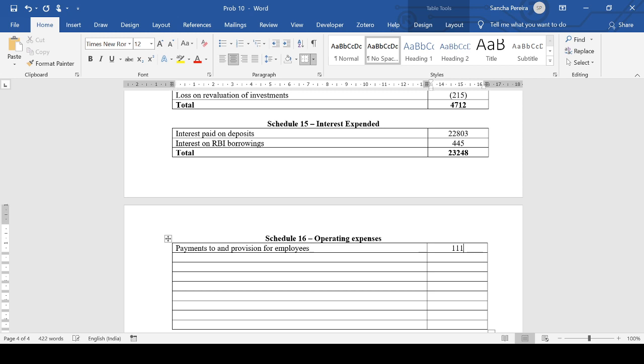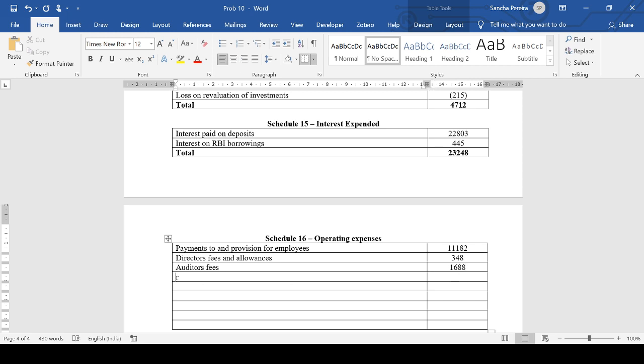11,182. Next is directors' fees and allowances, which is 348. Then there is auditors' fees, 1688.